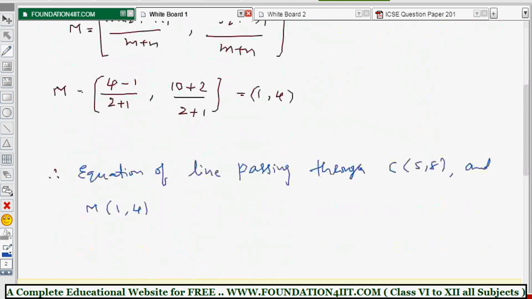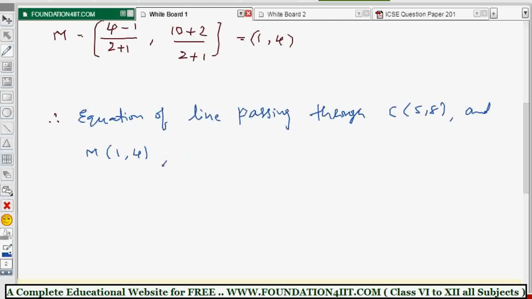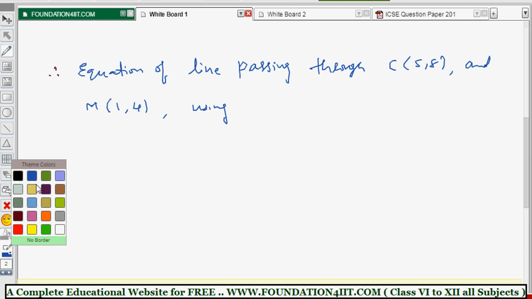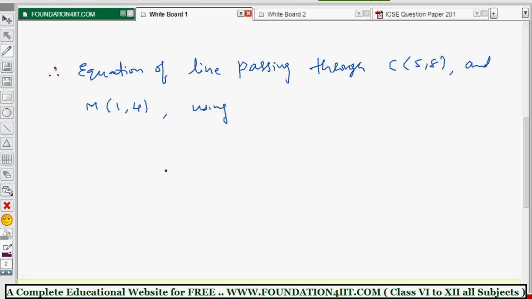So that is a formula. If you know the two points, you can find the equation. We can use y2 minus y1 by x2 minus x1.